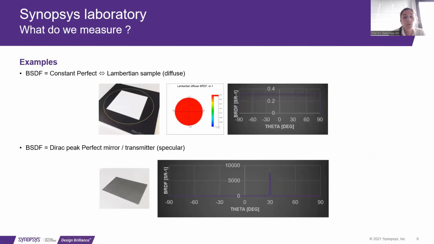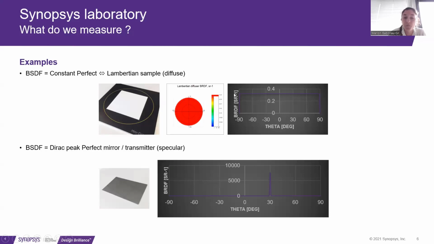Here, just two examples of BSDF measurement for two classical samples. The first one here is a Lambertian sample, which scatters the light in the same way in every direction. You have here the BSDF map, and you can see that it, of course, scatters the light in the same way in every direction.